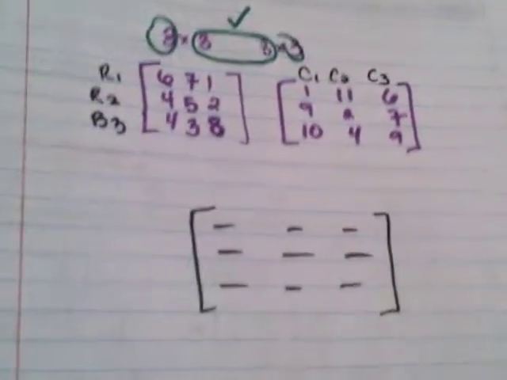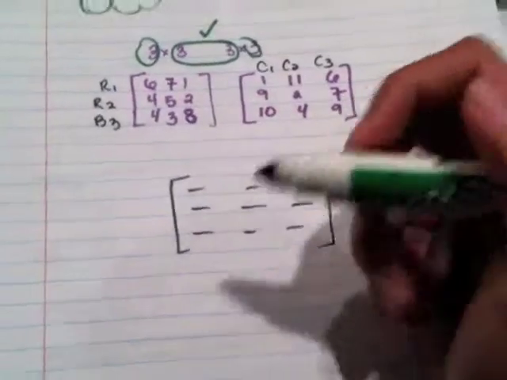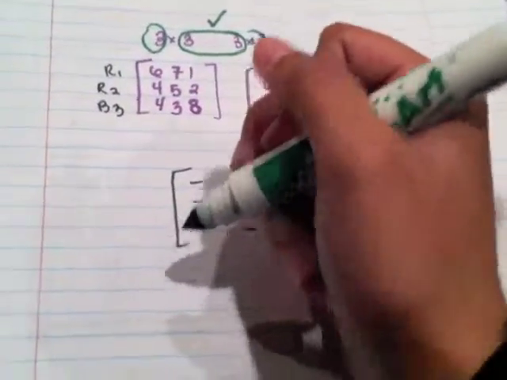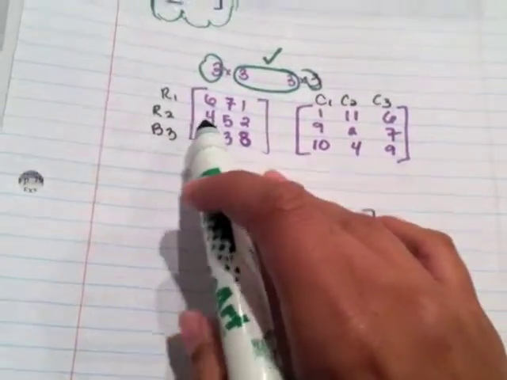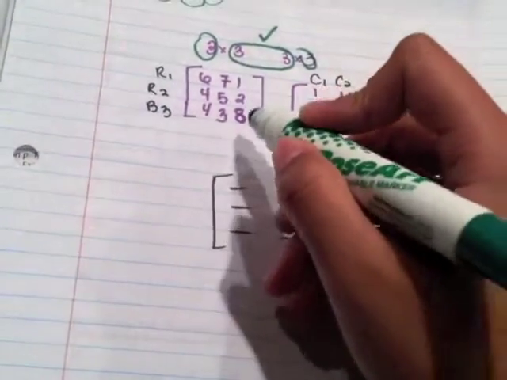Now, time to do this. First, we're going to look at row 1, column 1, like we've been doing. 6 times 1 is 6.